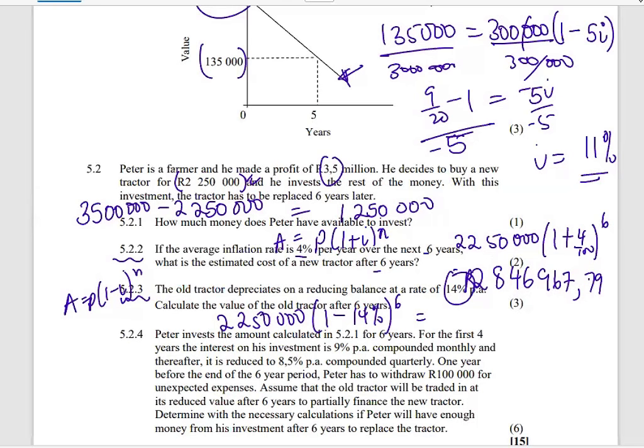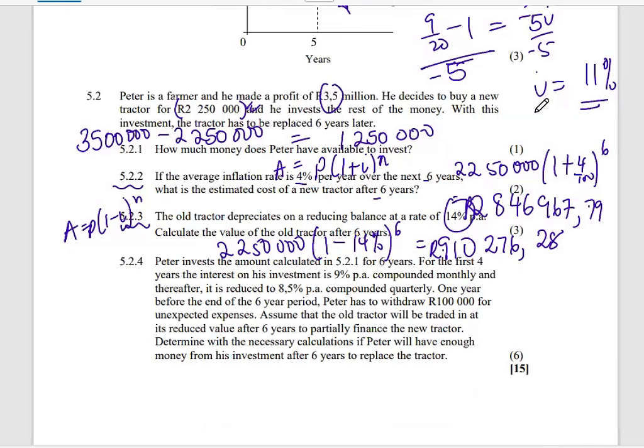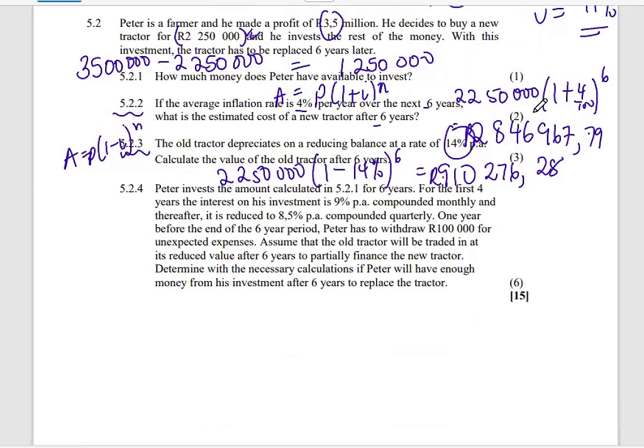Okay, so when I punch this into my calculator, what do we get with the depreciation? I'm getting 910,276.28. Okay, that's how much we shall have at the end of the 6 years.